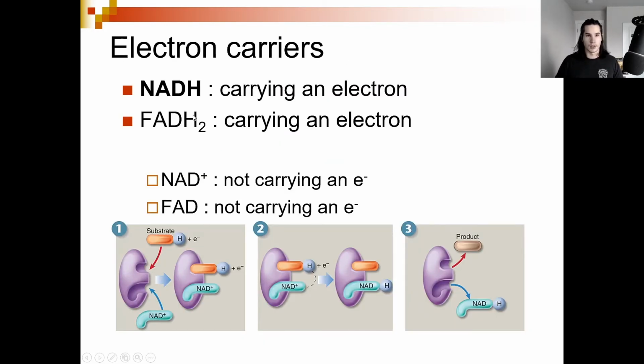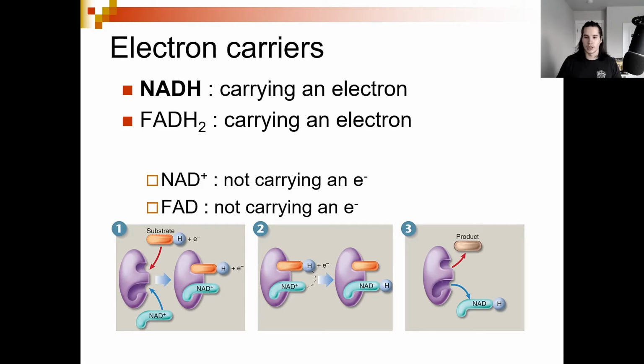Okay, so electron carriers. We just kind of talked about electron carriers. NADH is going to be carrying an electron. FADH2 is also carrying an electron. However, if you see something like NAD+, it is not carrying an electron. FAD, not carrying an electron. So these are the guys that are going to pick up the electrons in the form of a hydrogen.